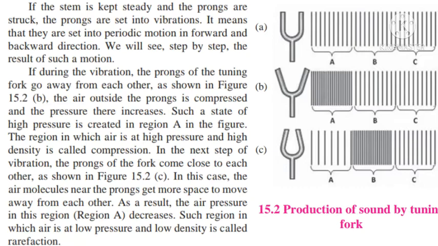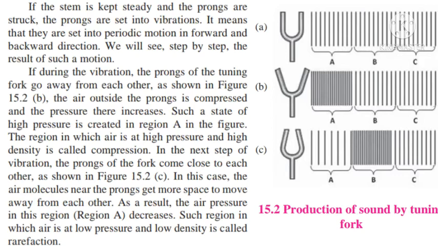In the next step of vibration, the prongs of the fork come close to each other as shown in figure 15.2c. In this case, the air molecules near the prongs get more space to move away from each other. As a result, the air pressure in this region, that is region A, decreases.